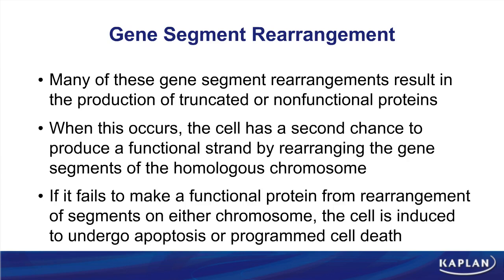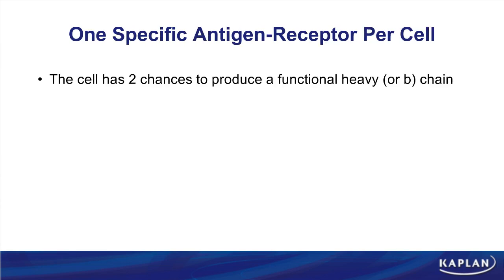So if it doesn't rearrange a functional protein, we eliminate it. So a cell has two chances to give us a functional heavy chain, and if that doesn't happen, the cell will undergo apoptosis.